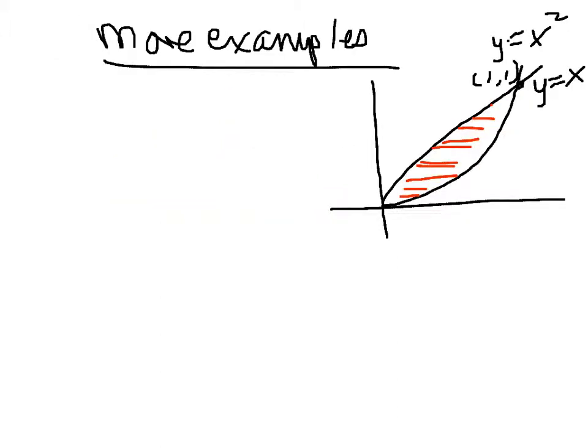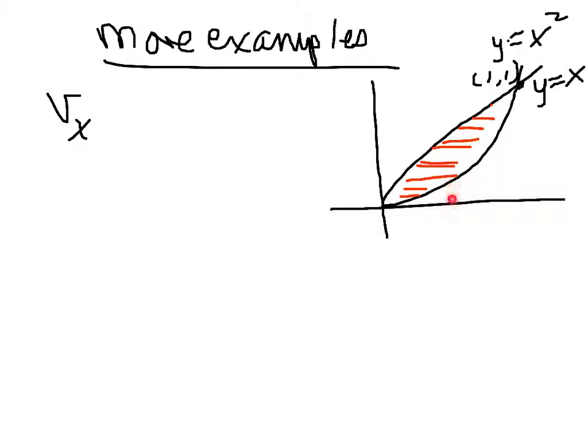Alright, so let's take a look at this picture. And now let's imagine that I'm going to take this region, this is a bounded region, and rotate it around the x-axis. What happens? Okay, so the way that we think about this is first we want to look at rectangles which go all the way up and rotate them around the x-axis.